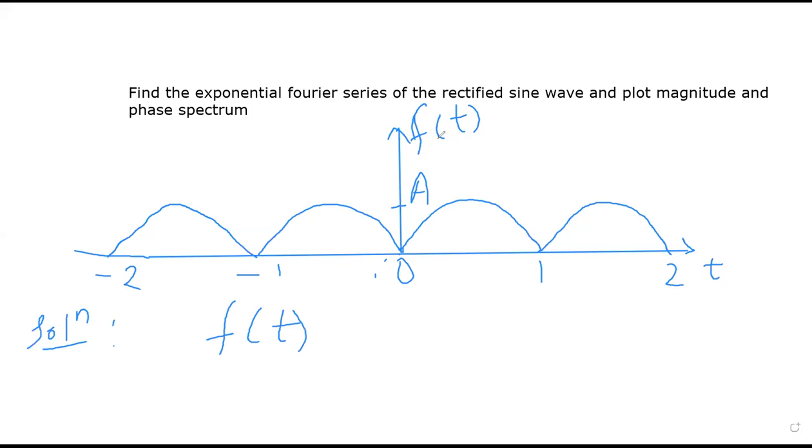From the waveform we can see it is a sine wave, so we can write A, the amplitude of the sine wave, times sine omega t, where the time period of the sine wave is from 0 to 1.